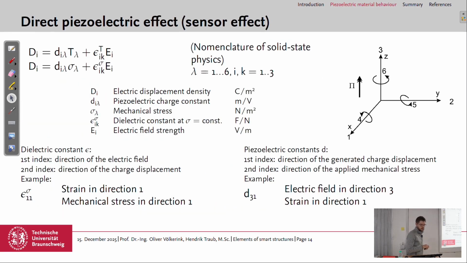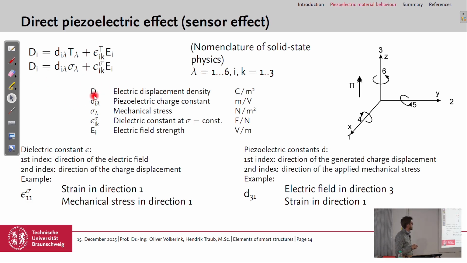So here we have the equations for the charge displacement, again in these two notations, with the nomenclature of solid-state physics and the nomenclature we are more familiar with in mechanical engineering, and we will use this one.